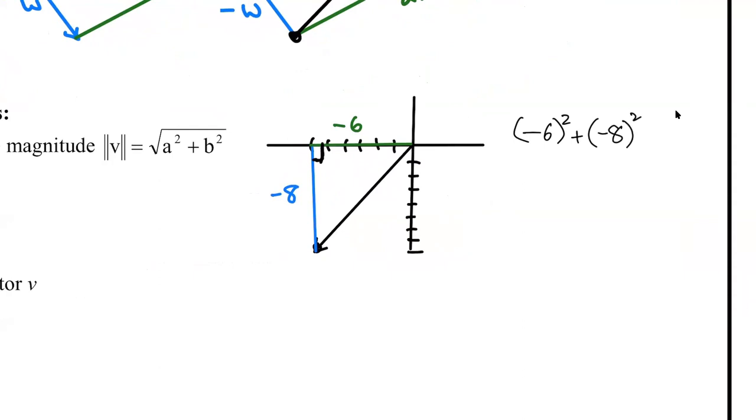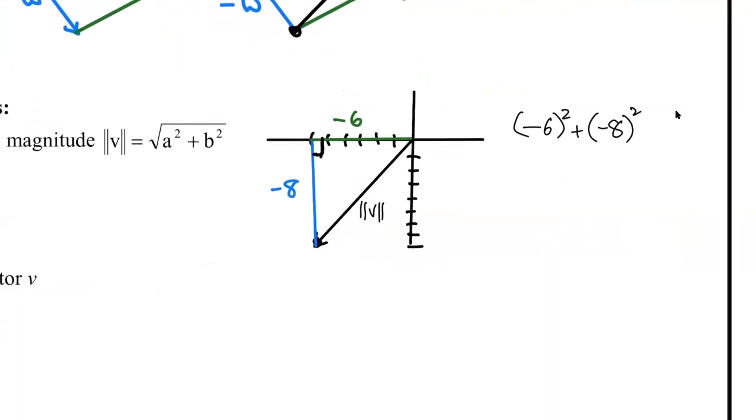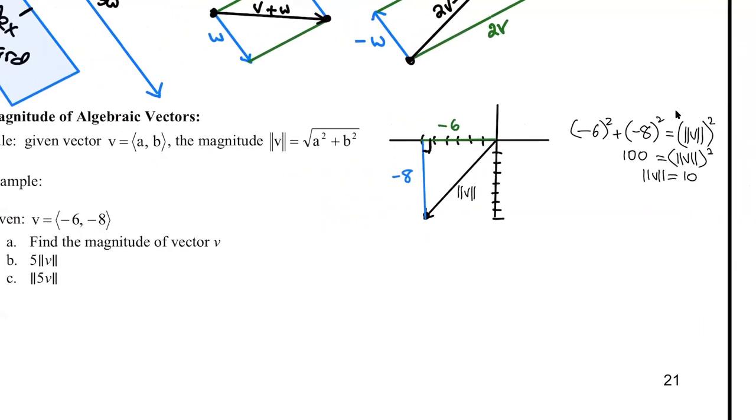This is supposed to be vector v, and that vector v is going to have a magnitude, so we use a double absolute value bracket for that. So 36 plus 64 is 100. The square root of which gives you 10, or the magnitude is 10, right?